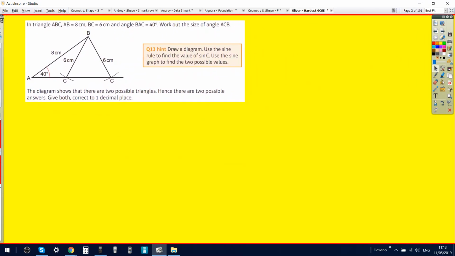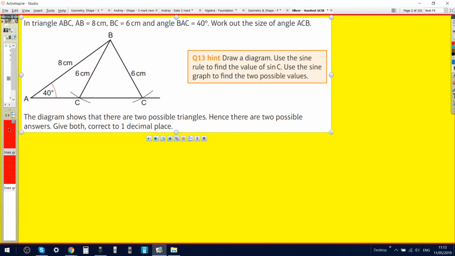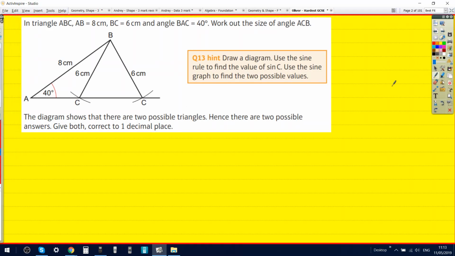So how about this one? Wait, so those lines through C mean what?